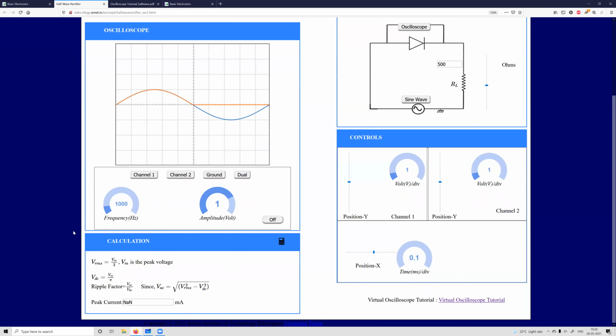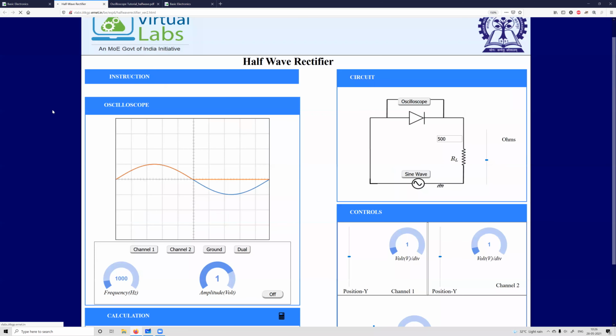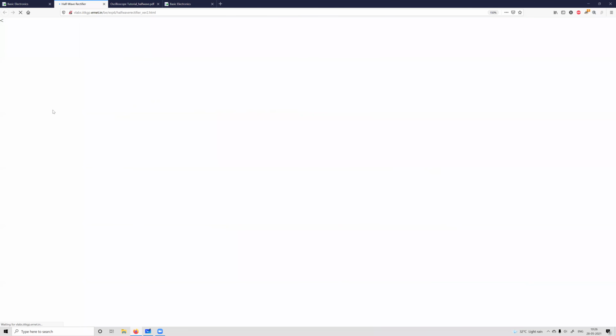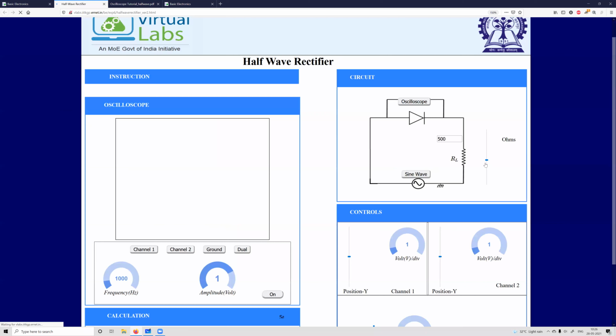Is it okay? Once again, let's start. Set the resistance to 500 ohms.